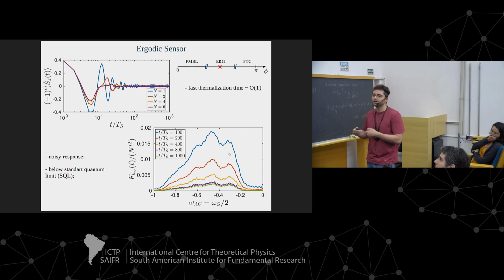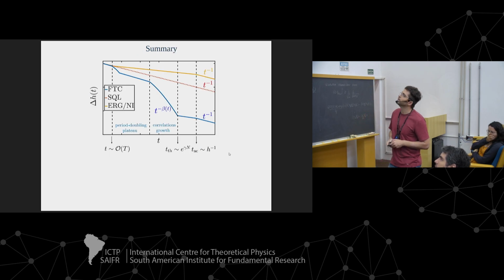Okay? So then we can use this dual idea. In essence, let me just say that for the closed system, we have these different qualitative behaviors. Here is the uncertainty to predict the amplitude of the external field and how it depends on time. So if we have an ergodic system, the uncertainty decays very, very slowly, much slower than the standard quantum limit, or the limit of a quantum non-correlated system.